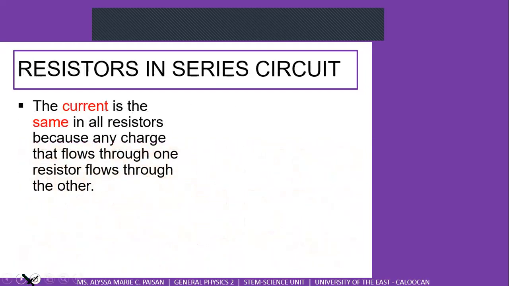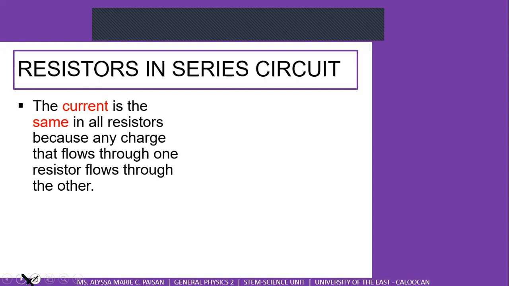So resistors in series circuit have the following characteristics. Like in capacitors, where we characterized the voltage, the charge, and the capacitance, this time we're going to characterize the voltage, of course, and then instead of charge, the current, and the resistance. For resistors in series circuit, the current is the same in all resistors because any charge that flows through one resistor flows through the other.